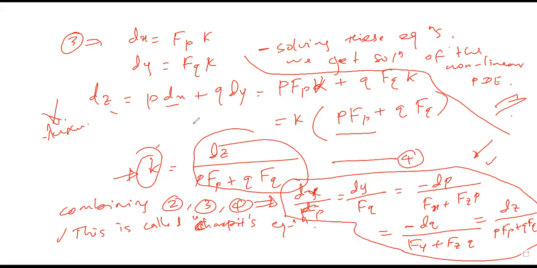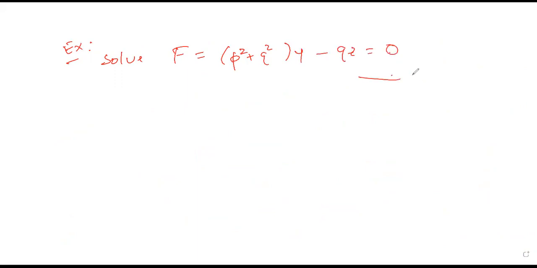Okay, let's do one example on these non-linear cases. Example: solve f equal to p squared plus q squared y minus qz equal to 0. So what do you think? Is this non-linear or linear, and the reasons?